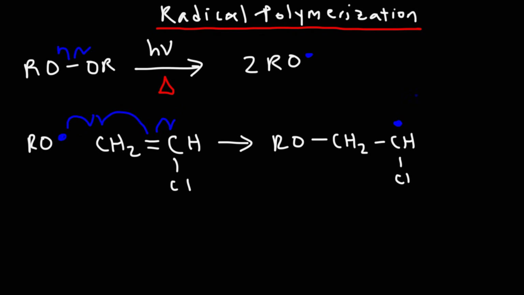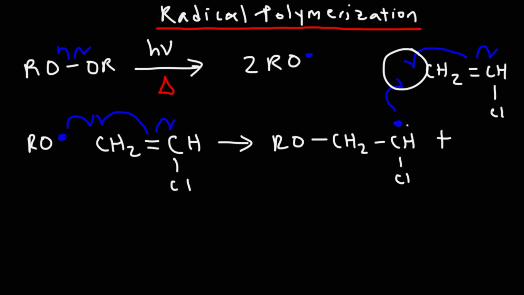Now this radical is going to react with another ethyl chloride molecule. I'm going to draw it right here. And the mechanism will be the same. We're going to use half arrows when dealing with radical reactions. So now these two electrons will form a bond between the CH carbon and the CH2 carbon.